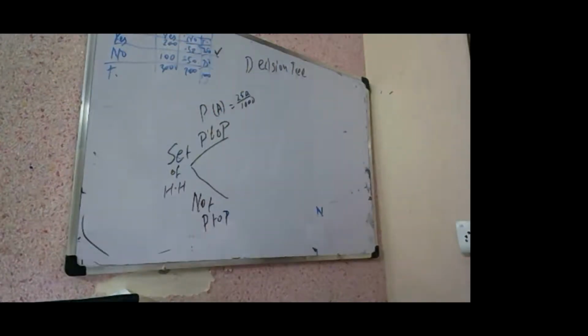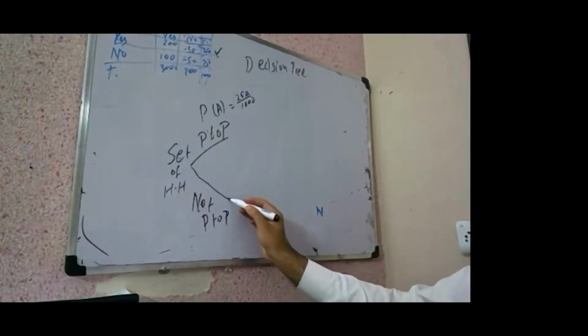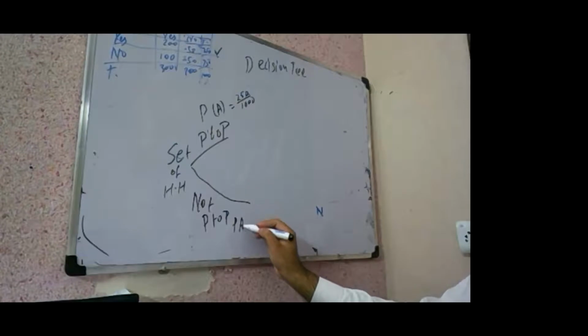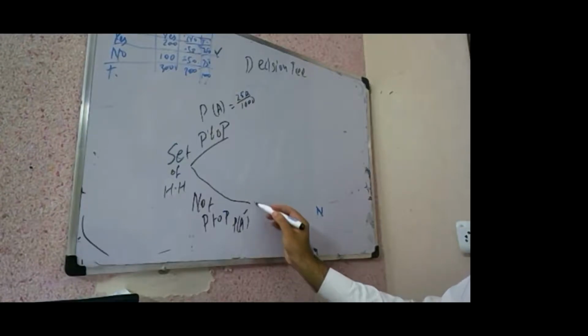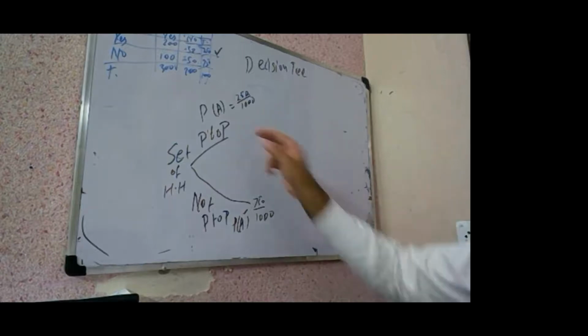That's the probability of this. And then not plan to purchase is A complement. What is that? That's 750 out of 1000. So it means 750 out of 1000 households decided not to even think of purchasing a car. But 250 say that, okay, we can buy a car. So they are thinking about this.